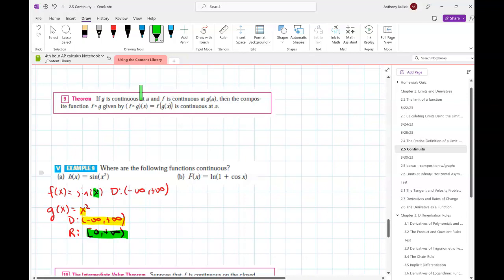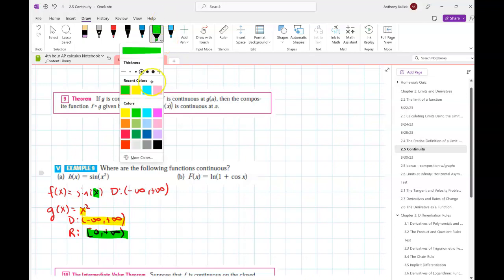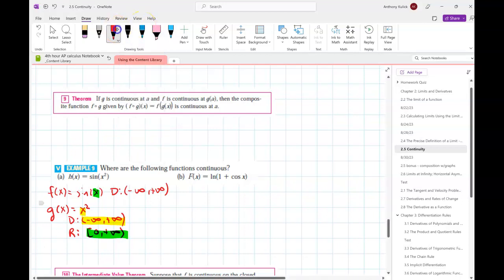If I plug those in for the x for sine x, is that okay? Can I plug anything from 0 to positive infinity in for sine x? Yes. And I get an answer back for that, right? What is that telling me? It's continuous where? 0 to positive. Yes. No. All real numbers.